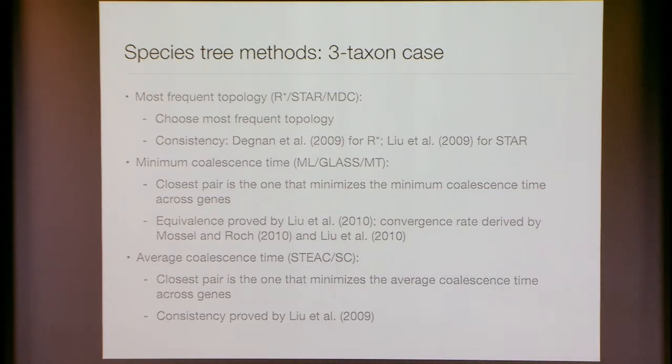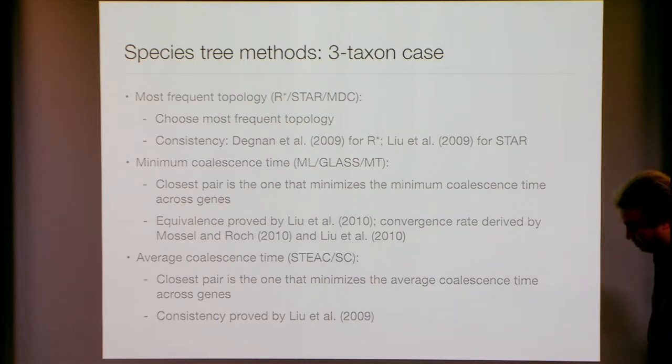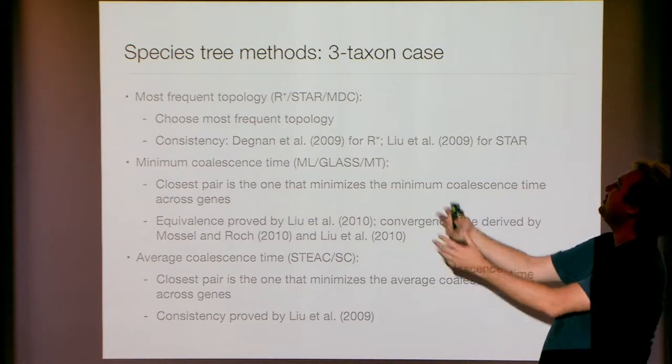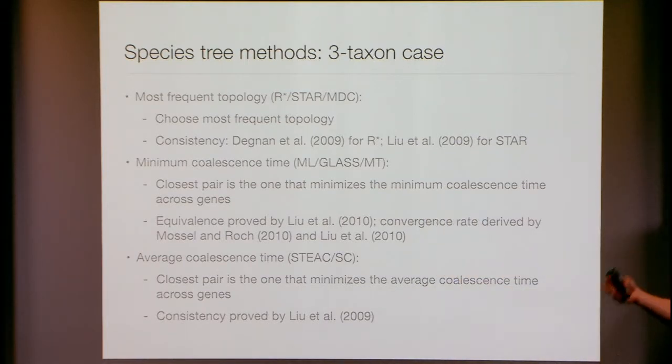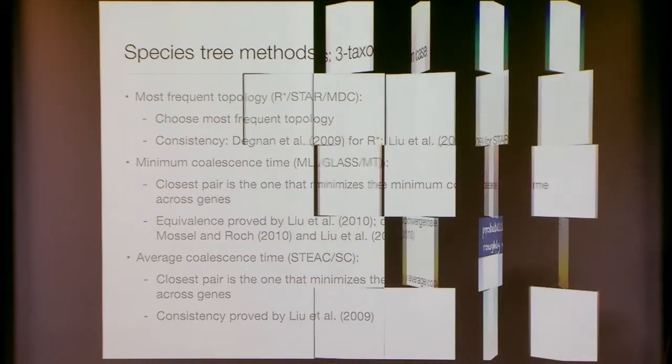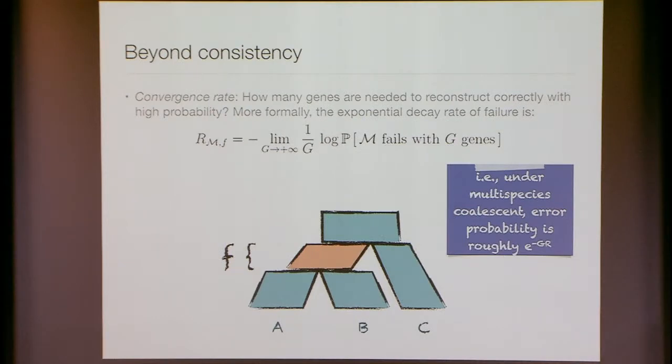So these are all consistent methods. If you really want to compare them with each other, maybe what you want to do is look at their convergence rate. As the number of genes goes to infinity, you're guaranteed to converge to the true topology, but how many genes do you need to get a high probability reconstruction? Well, you can compare that between these different methods. This is the notation I'm going to use in the next slide.